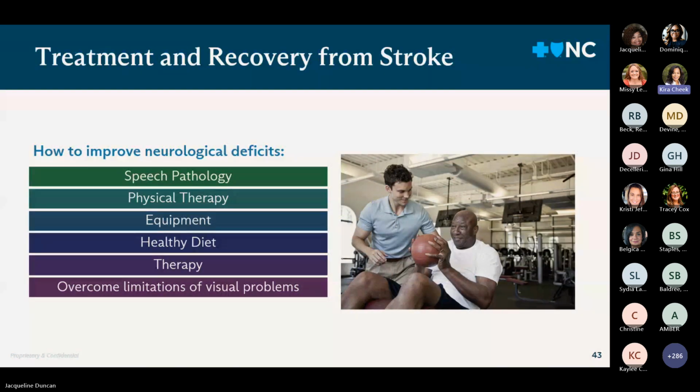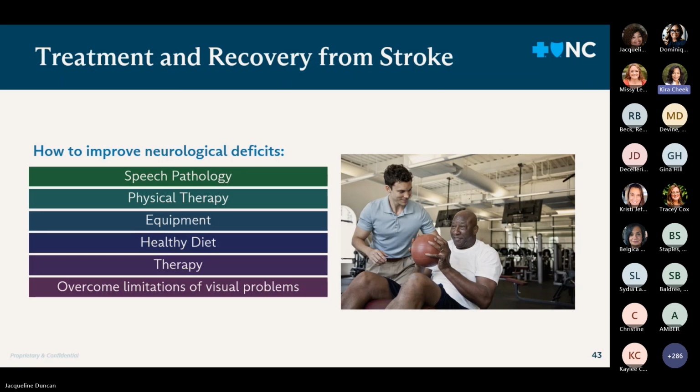While recovery is possible, it all depends on the person and the nature of the deficits. The biggest recovery can happen in the first 3 months and then slows down in the next 6 months. It will progressively slow even more after that, but small, subtle changes can still happen after a year or two.